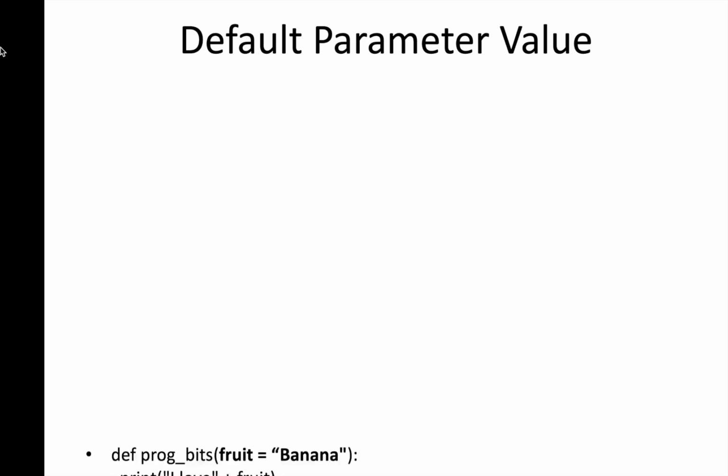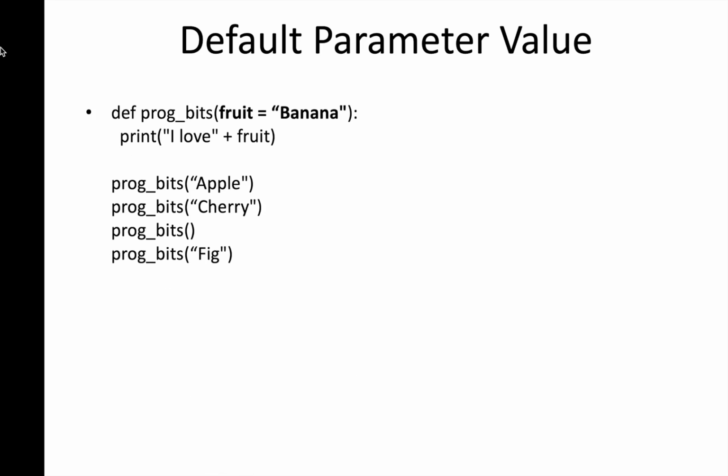Then the default parameter. We have a sample program here, def prog_bits is the function name, and we have the default parameter called fruit equals banana. Banana is the default parameter. Inside the function we are printing the statement, I love the fruit. The input fruit will be printed.